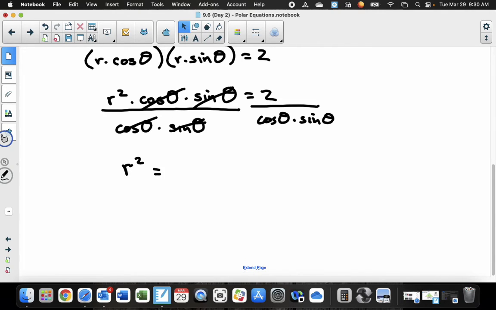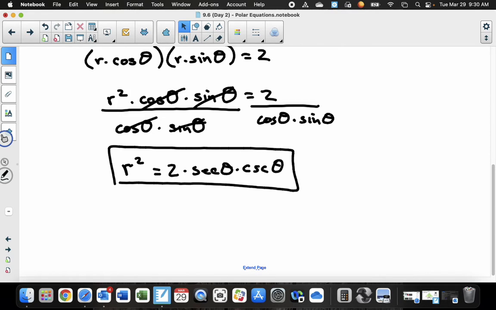And we get r squared equal to, anybody tell me what we're going to write our final answer as? 2 times secant theta times cosecant theta. Yep. Since both cosine and sine are in the denominator, we have secant theta, and then we also have cosecant theta. Okay. And there's your r squared equals equation.